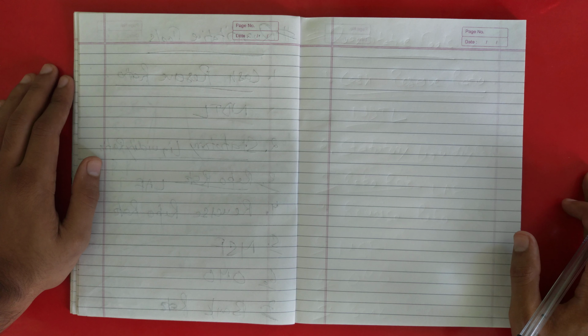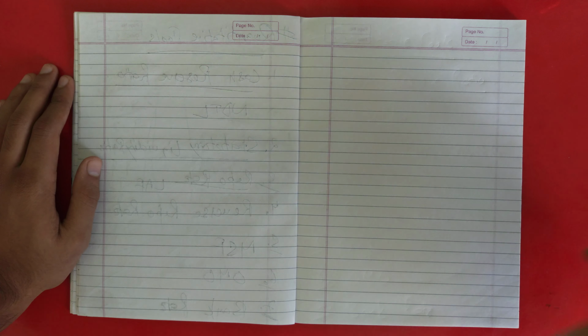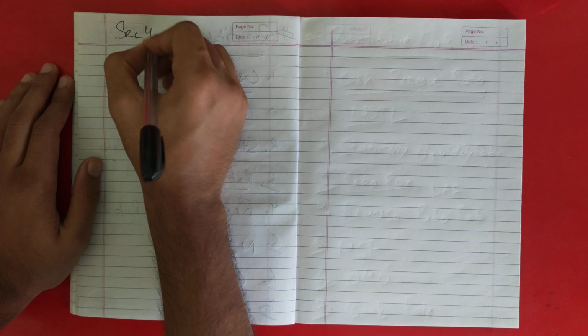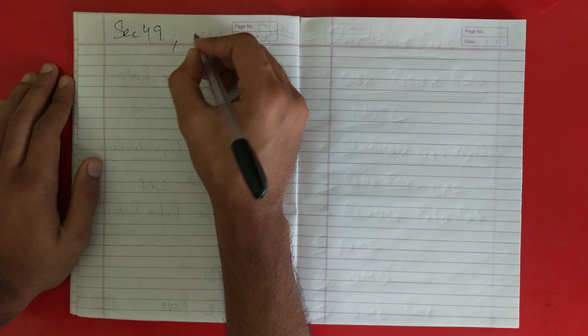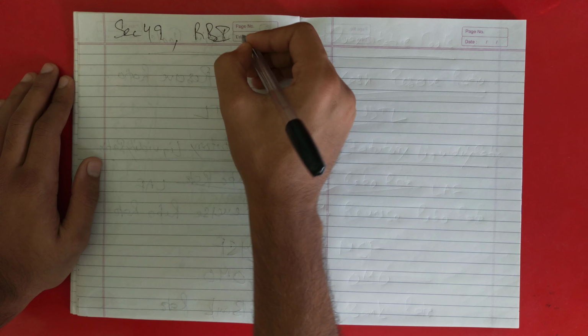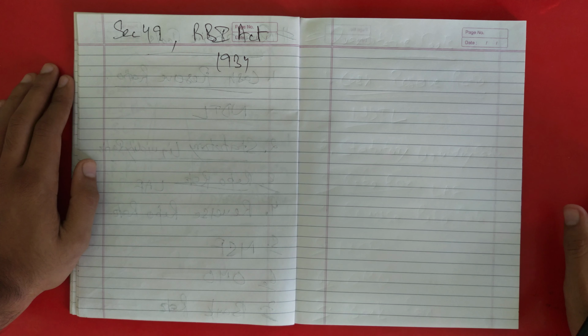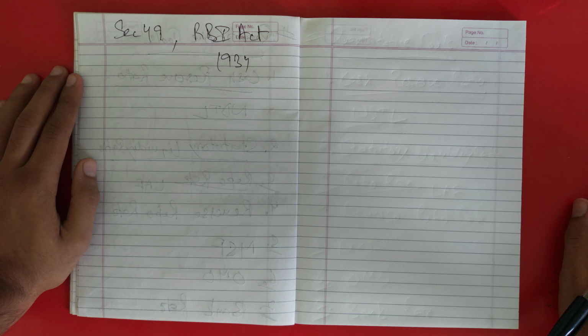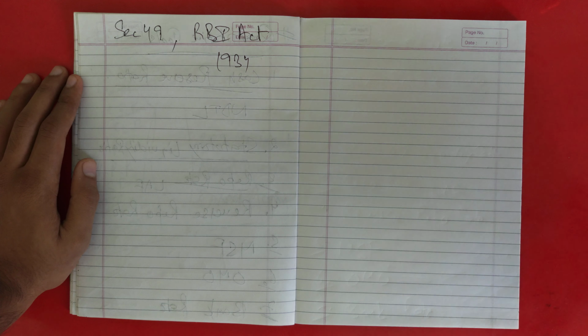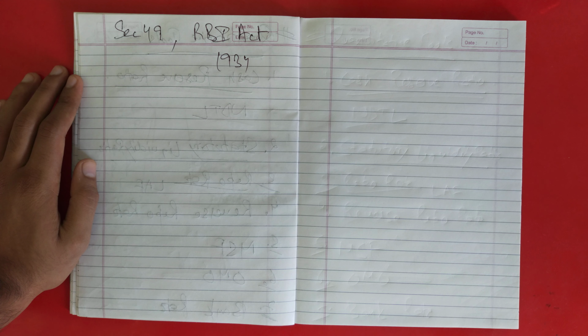The bank rate is published under section 49 of the RBI Act 1934. We have discussed this in class number 1. This rate has been aligned to the MSF rate and therefore changes automatically as and when the MSF rate changes alongside policy repo rate changes.